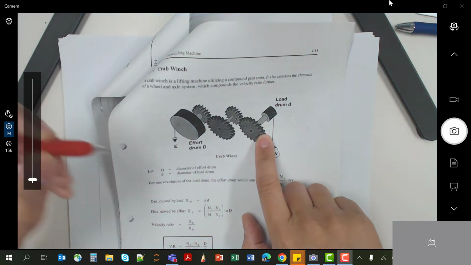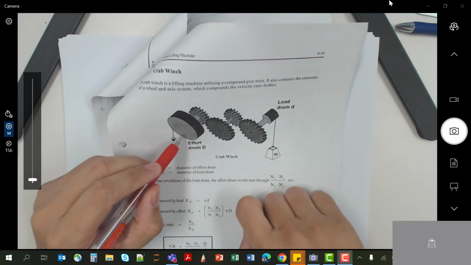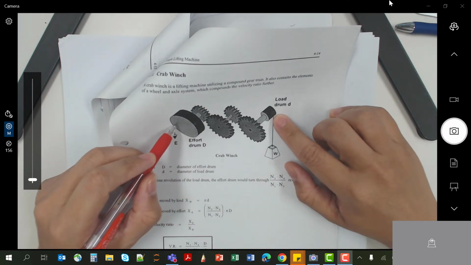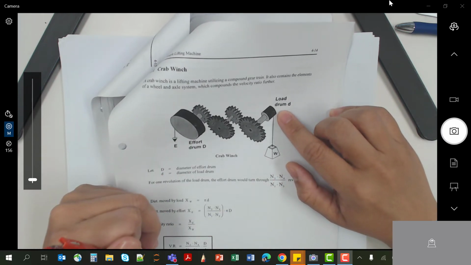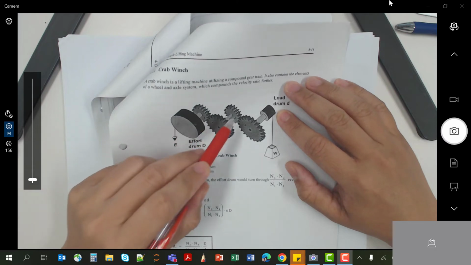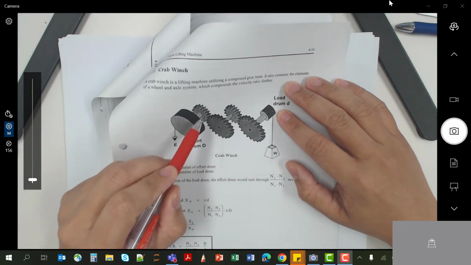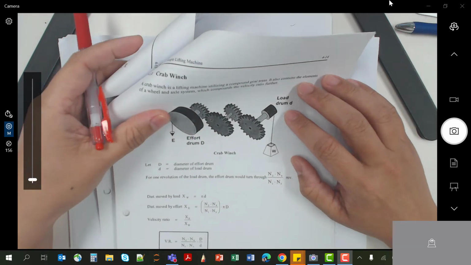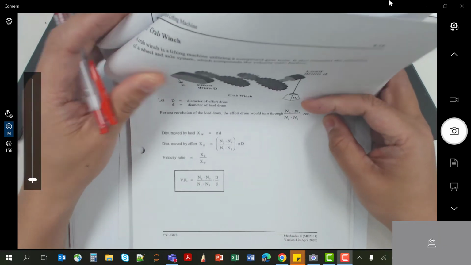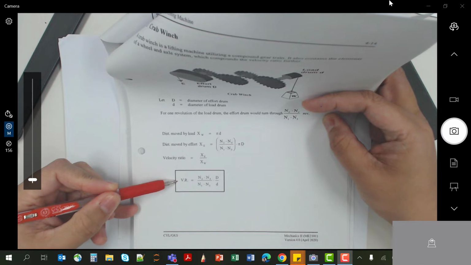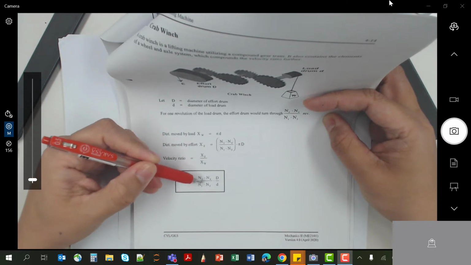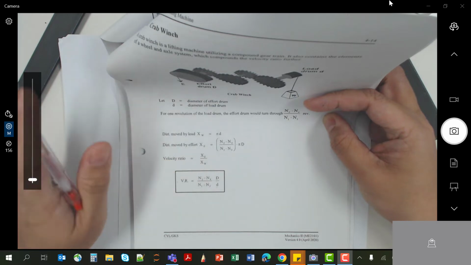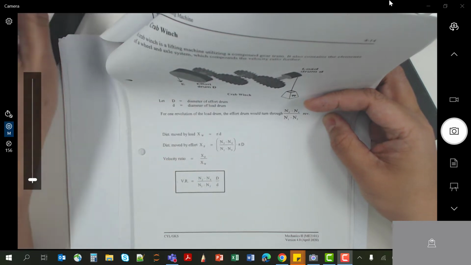Your effort drum will be this diameter, and the load drum will be this diameter here. The numbering 1, 2, 3, 4 is like this. Having established this numbering, your velocity ratio is N2 over N1 times N4 over N3, times big D over small d. The naming is the same across the board.